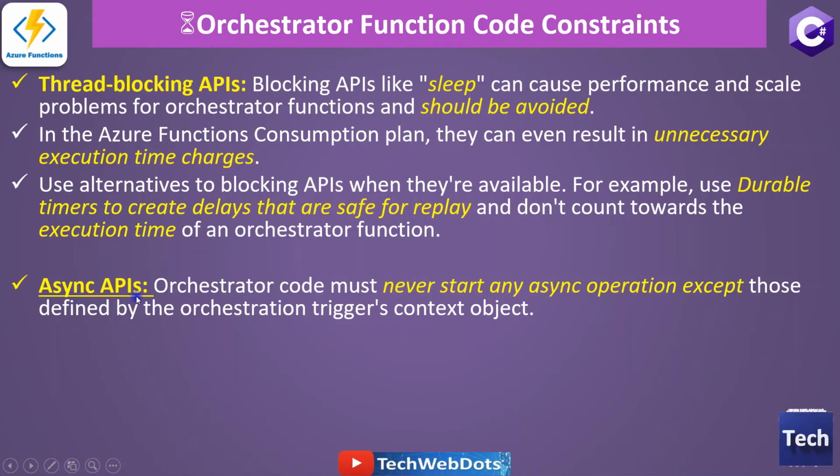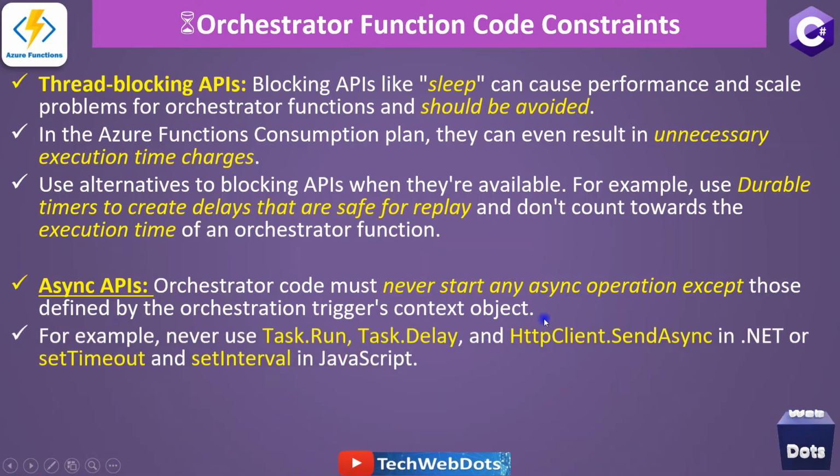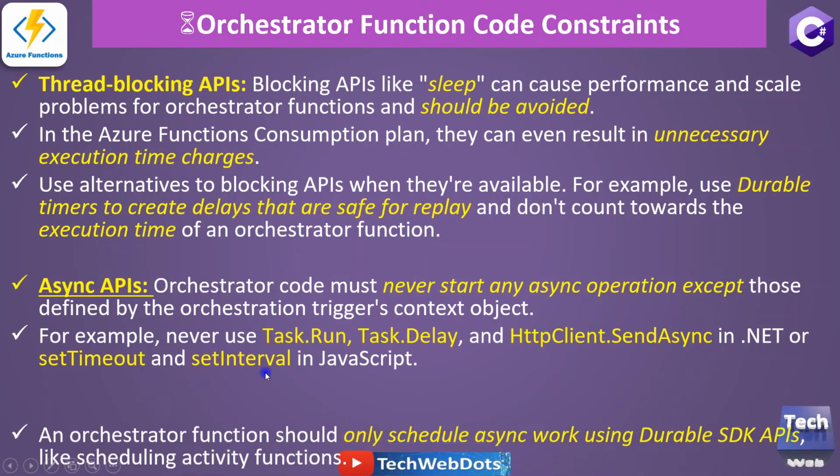Async APIs. This pattern is already discussed, but orchestration code must never start any async operation except those defined by the orchestration trigger context. For example, you should never use Task.Run, Task.Delay, and HttpClient.SendAsync in .NET, or setTimeout or setInterval in JavaScript.